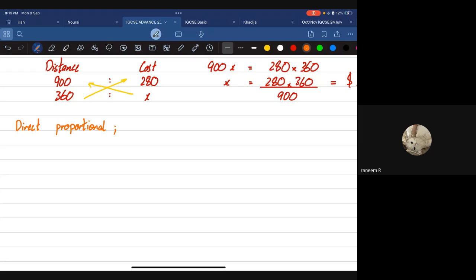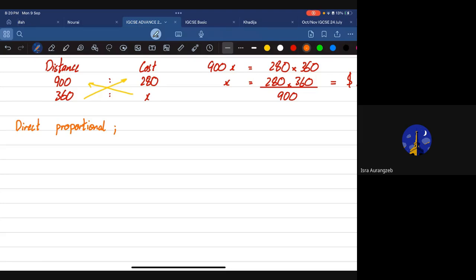Yes, Isra. Any idea? Sorry, Isra, could you repeat what you were saying? If the number of individuals visiting a restaurant increases, earning of the restaurant also increases.